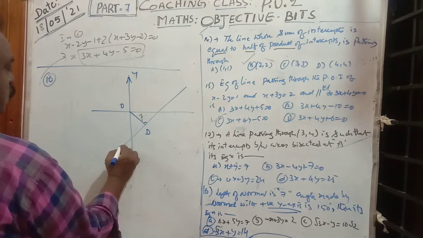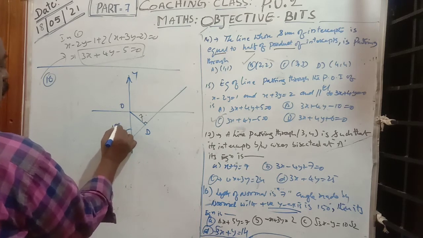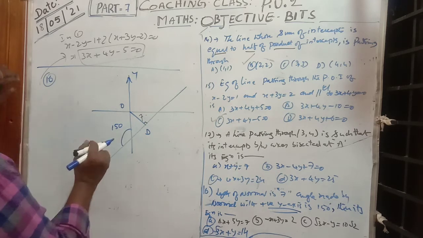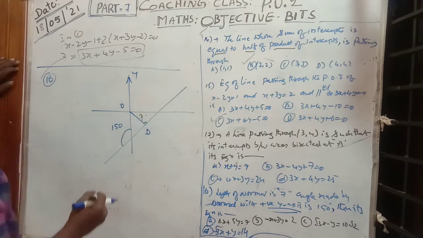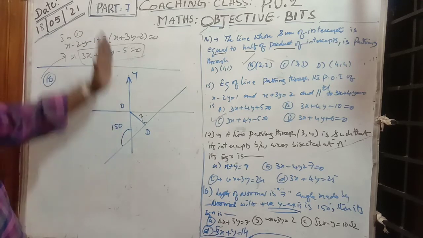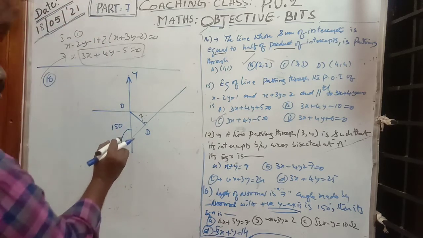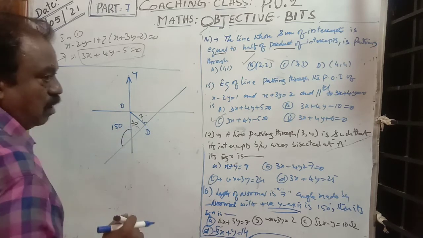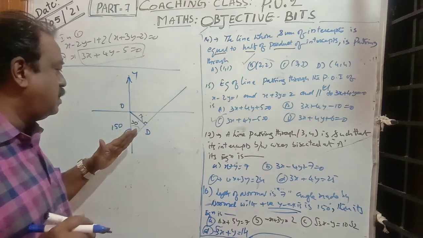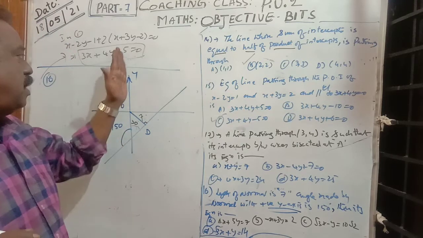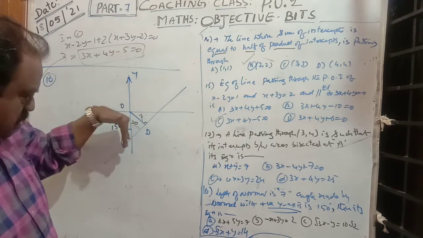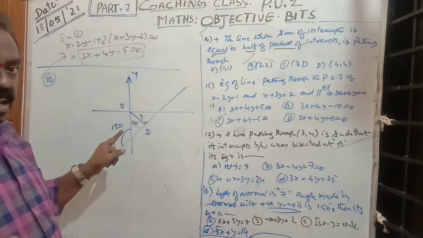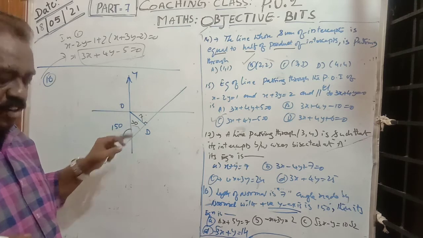This is 150 degrees. That means this line is making 150 degrees with the positive axis upside, so then this is 30 degrees. Don't confuse. The line is making 150 degrees with the positive y-axis, not like this one. This is the negative y-axis, and this is the positive. Total is 180. So 150 means this is 30.